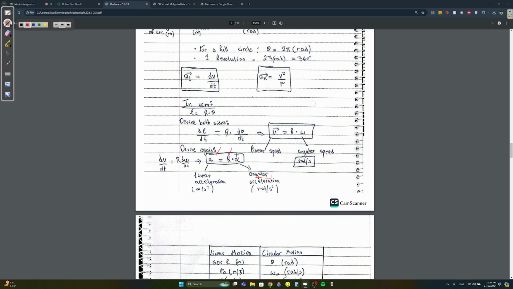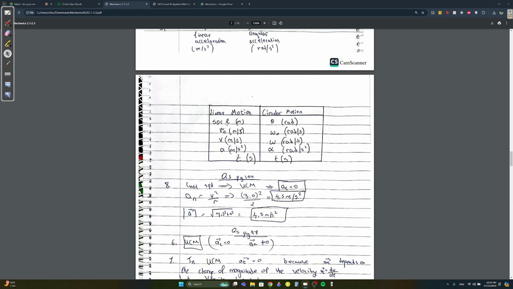It's equal to r again times alpha. Alpha is the angular acceleration now. This was angular speed, now it's angular acceleration. It's given in rad per second squared, and it's very easy. Velocity is equal to rw, and then acceleration is equal to r alpha. Okay, so in linear motion and circular motion, you have differences.